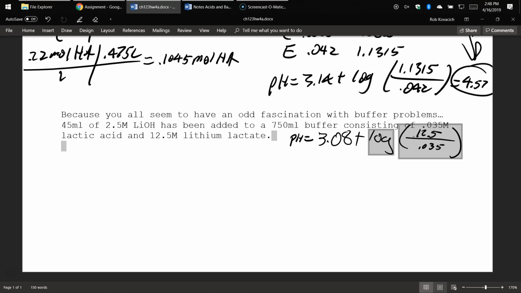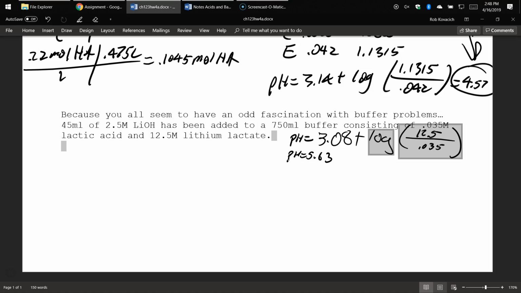But what's that work out to be? 3.08 plus log 12.5 divided by 0.035, close parentheses, equals. All right, so this thing's going to be buffering at a pH of 5.63.